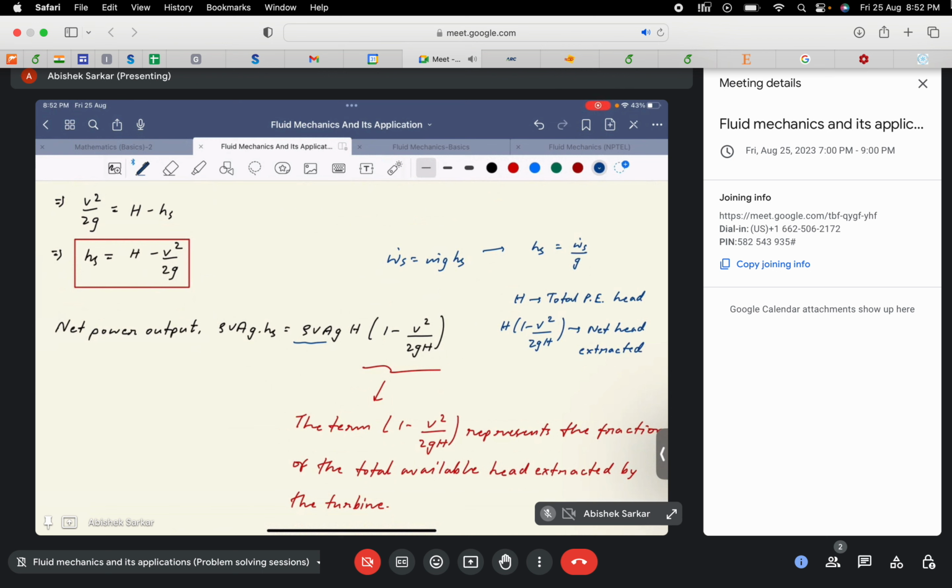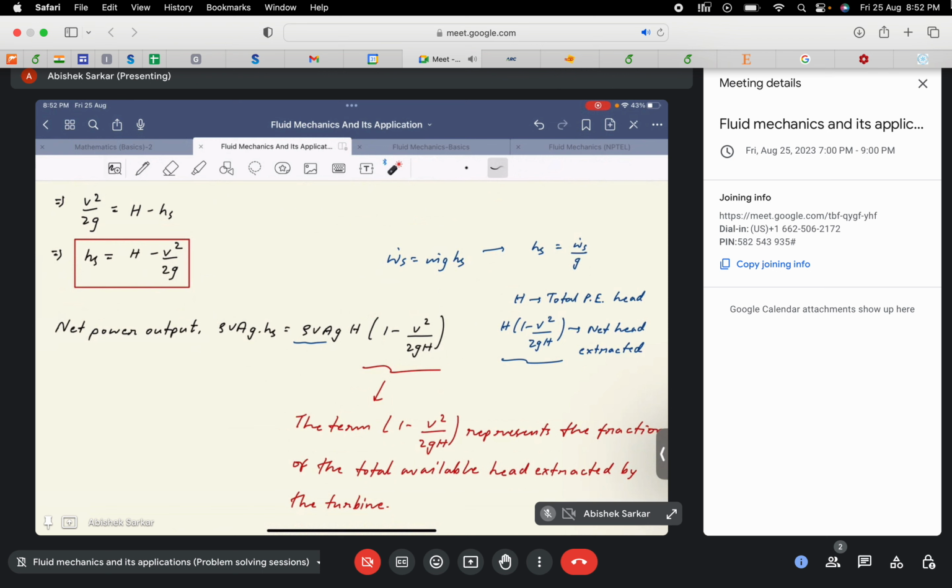Even after considering so many ideal scenarios, we can only obtain a fraction of the total potential energy head that is available to us, okay. So that is what is signified by this fraction here.